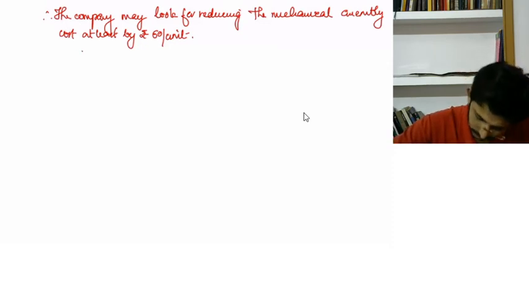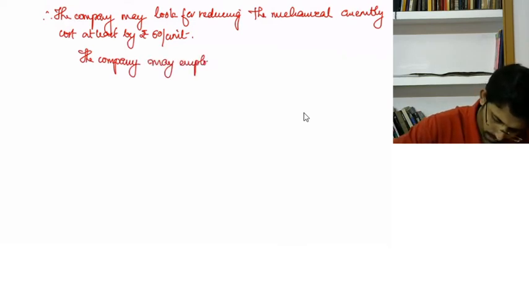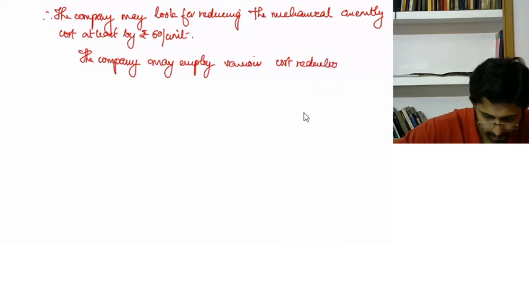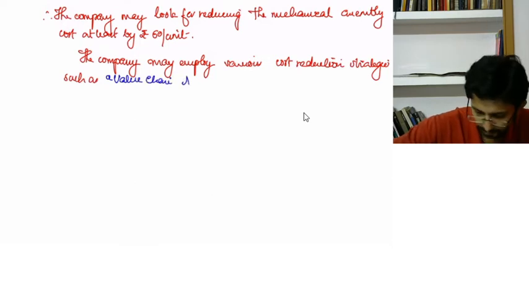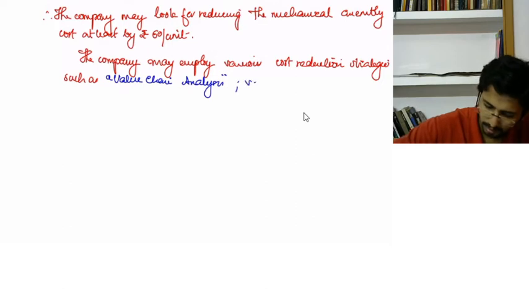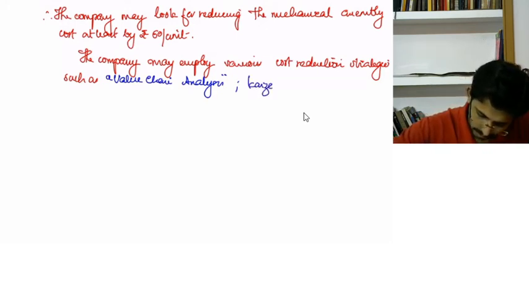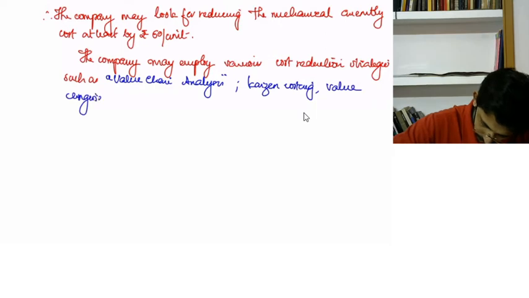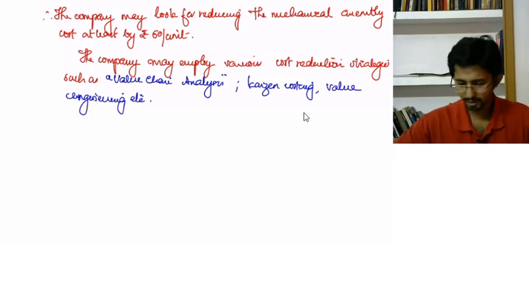Okay, the company may employ various cost reduction strategies such as value chain analysis, then Kaizen costing, value engineering, etc. Clear? Okay. So these are the methods in which they can reduce the cost.